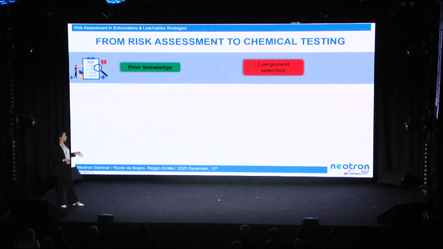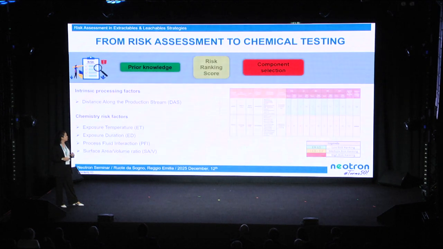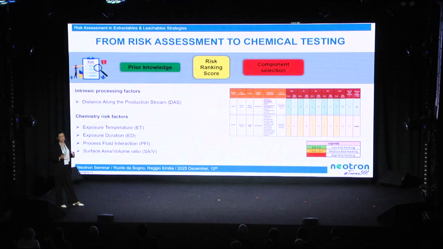So the prior knowledge and the component selection. How can they merge together? They can merge with the risk assessment protocol and documents, which here is highlighted with a risk ranking score. So every contact material that comes in contact with the drug formulation during the manufacturing process and or the primary packaging involved can be scored.